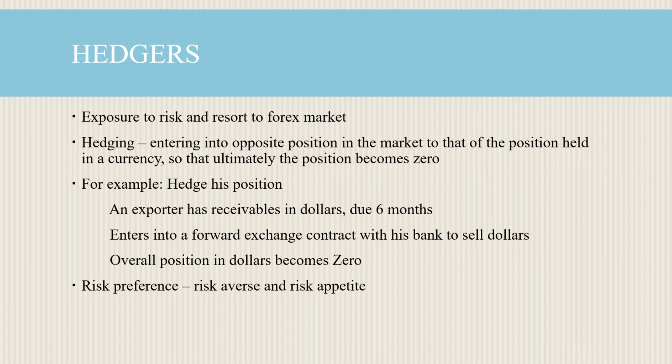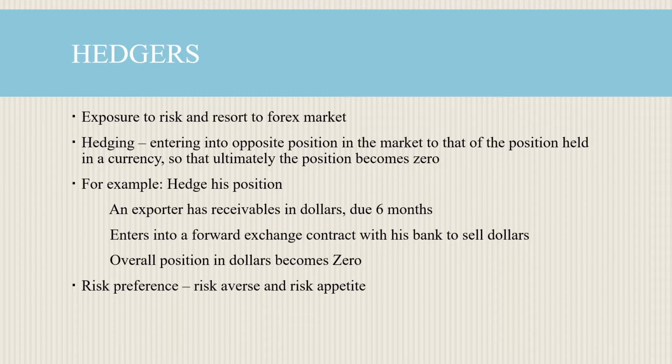This hedging position is based on risk preference. The frequency and the circumstances in which a person resorts to hedging in the foreign exchange market depend upon his risk preference. Either he wants to be risk averse or has a risk appetite. Risk averse people avoid the risk as much as possible, do a decent transaction and then leave the market.